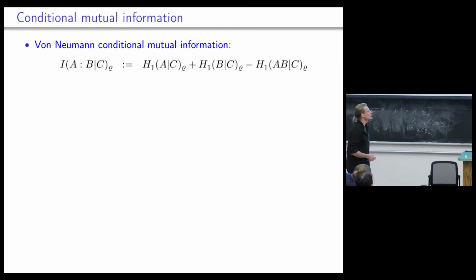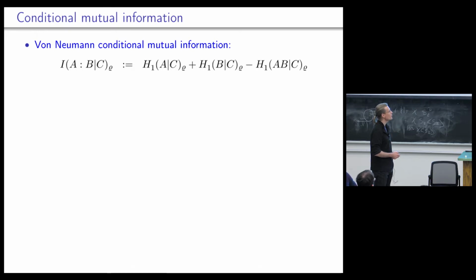Yet another concept, if you have not had enough entropy quantities so far, I'm going to define a few more. So that is conditional mutual information, based on the von Neumann entropy, and we look at various modifications of the mutual information formula.